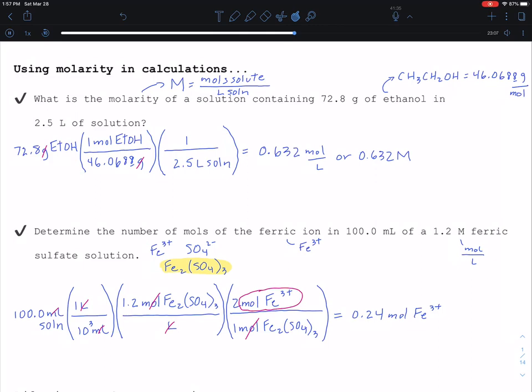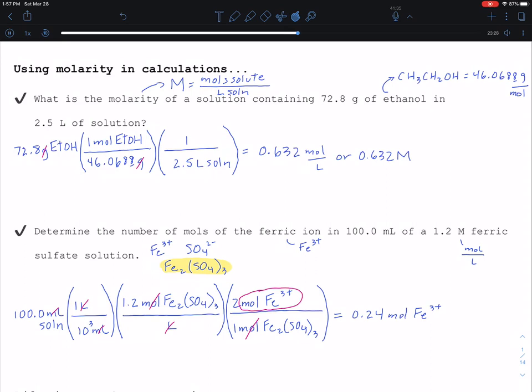Because it's not 1-to-1. There are 3 moles of sulfate for every 1 mole of the salt and 2 moles of the ferric ion for every 1 mole of the salt. So keep that in mind: when that salt dissociates, floating around in solution, you've got a different number of moles of each ion.